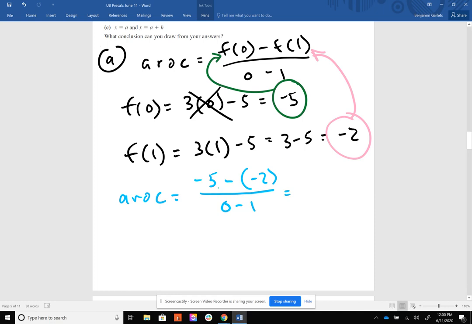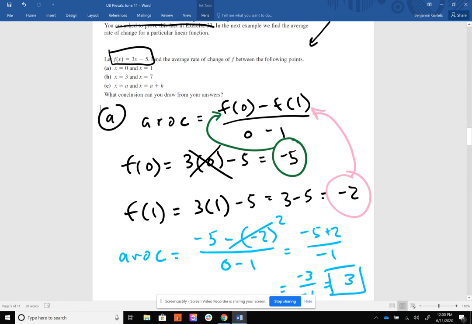So let's evaluate those. This changes to a positive 2. So I get negative 5 plus 2 over negative 1. Continue to simplify. I'm going to get negative 3 over negative 1, which gives me a slope of 3.